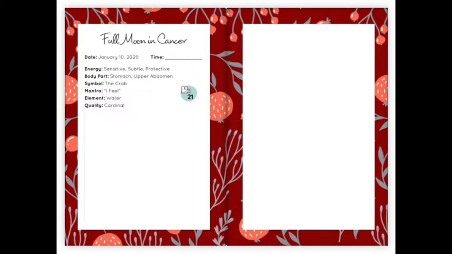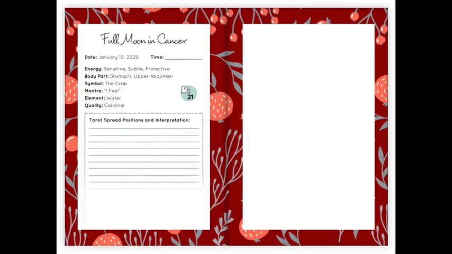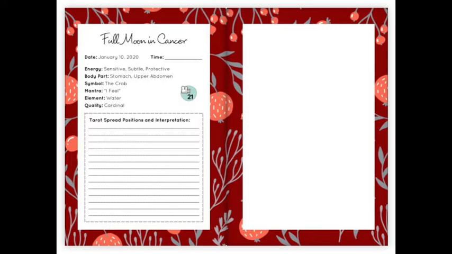And you'll get more information about what each of these things mean in some of the lessons as well. Again, there is a tarot spread that you will receive with your full moon ritual, and there's space to record any interpretations or any insight that comes forward to you on this page.